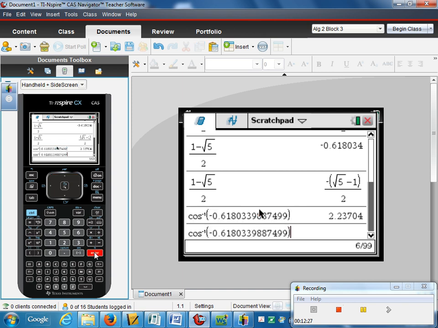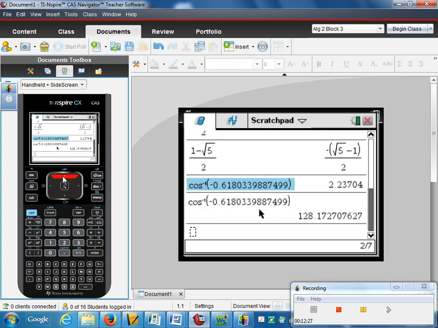So why did I get 128? 128 isn't a reference angle. It's got the negative in it. So you have a choice. You either have to remember to take the negative out, or you're going to have to calculate it off the 128. Personally, I would rather just kill the negative and not have to deal with it.